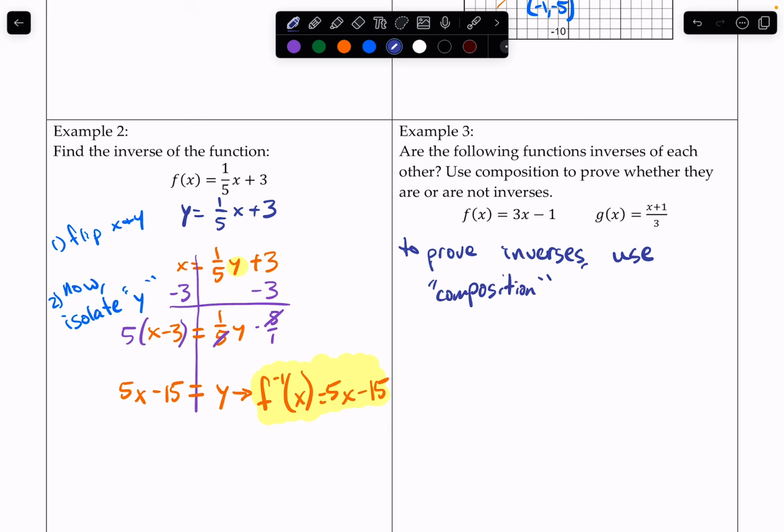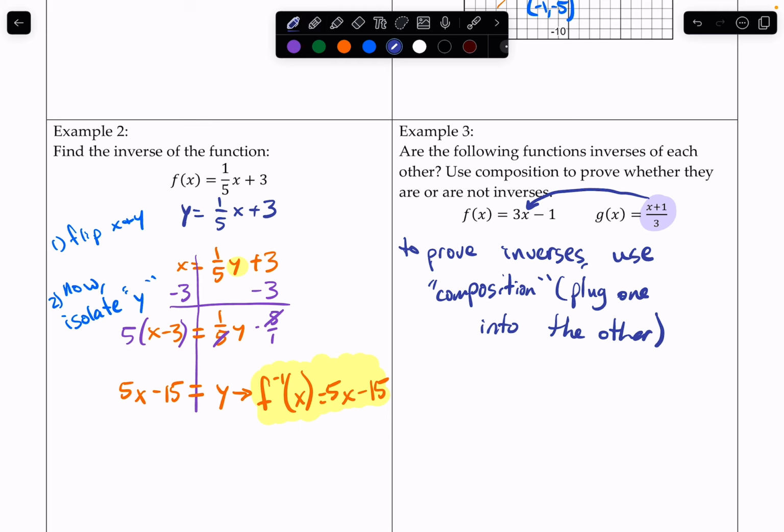And that is where we plug one into the other. So basically what I'm going to do is I'm going to take one of these functions and I'm going to plug it in for x in the other one.